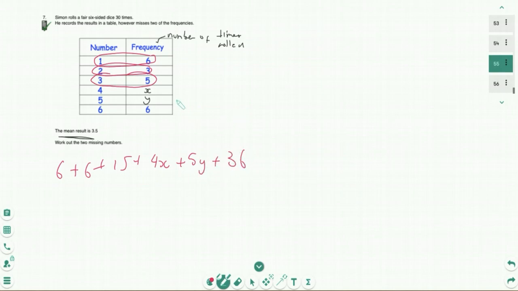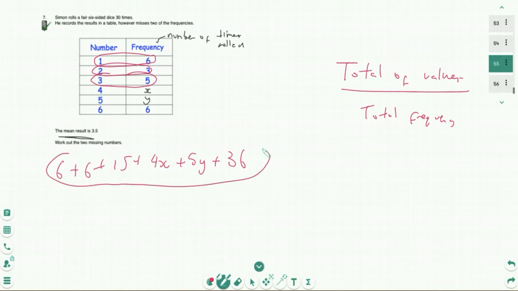So whenever you're finding the mean, it's the total of values over total frequency. We've done the total of values so far by multiplying each column together. We divide this now by the total frequency.